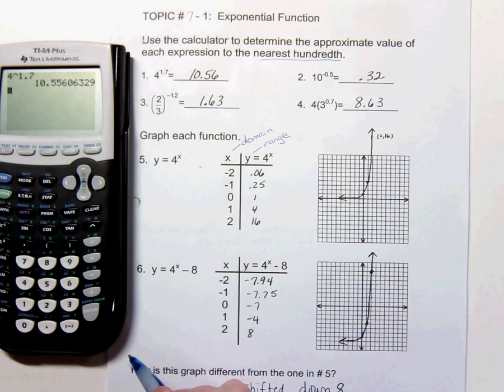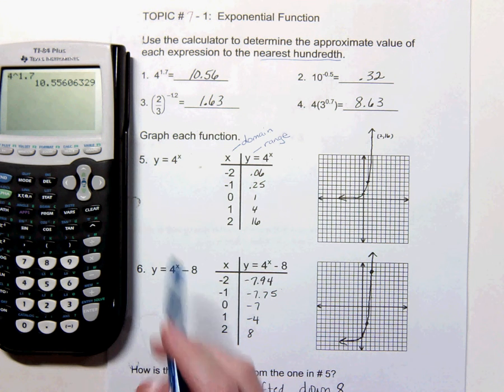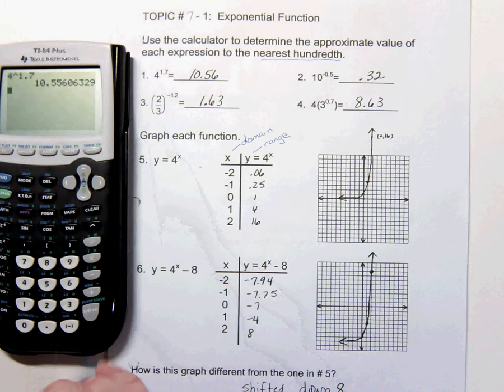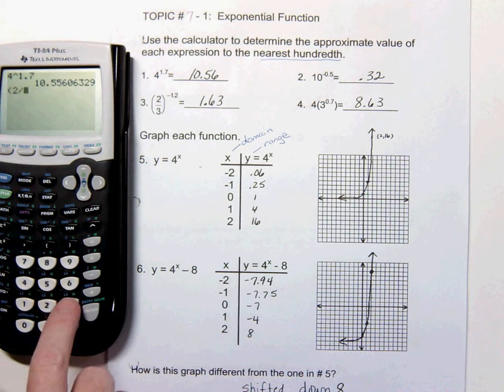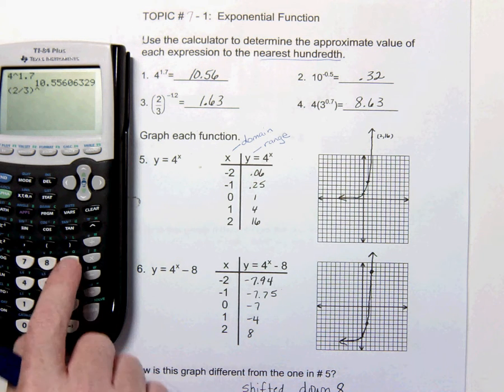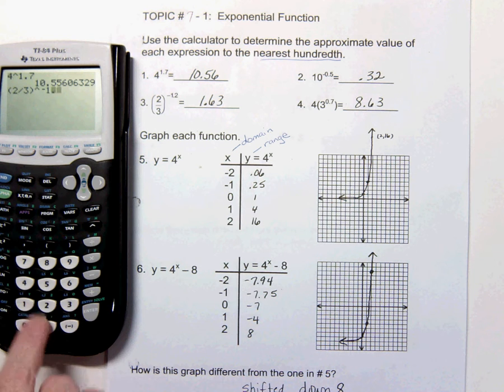So this would be 10.56. I won't do each one of them, although let's look at number 3. You would want to put this in parentheses because it's 2 divided by the 3, that entire expression raised to the negative 1.2. So be careful that you put it exactly like you see it in your problem.